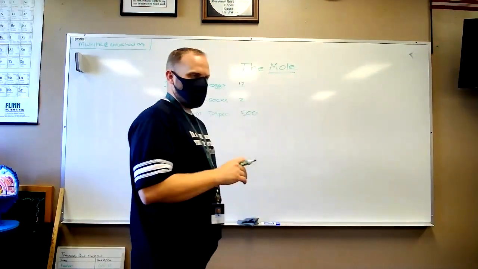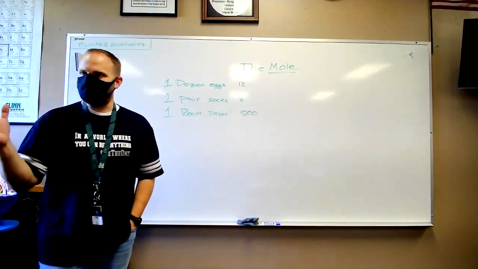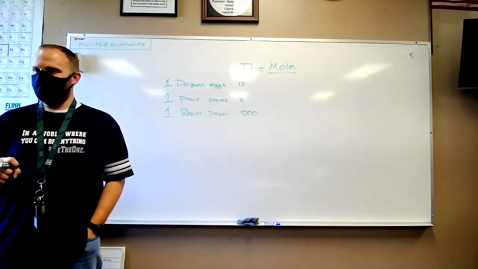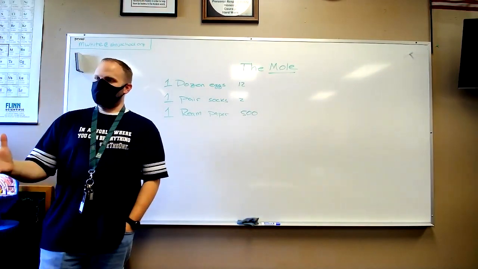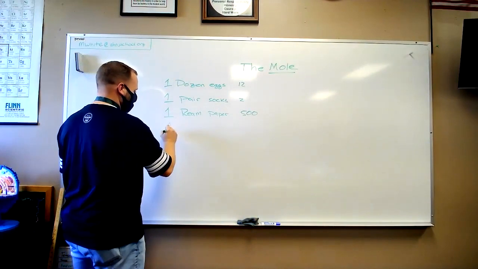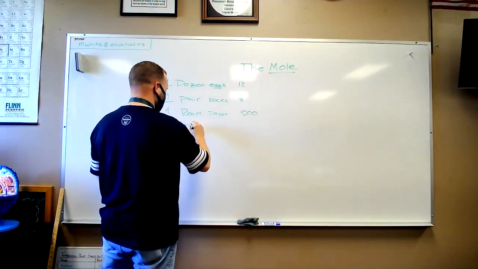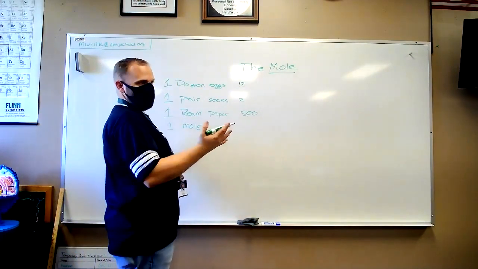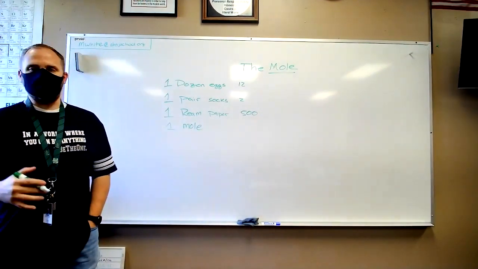However, for some reason, whenever we start talking about moles, some people say that's chemistry and I don't get it. Okay? But it's exactly the same concept. In 1 mole of anything, we can use a mole to calculate anything.